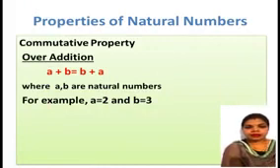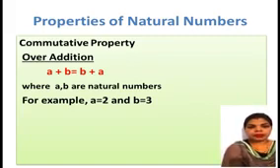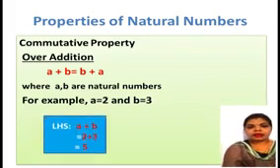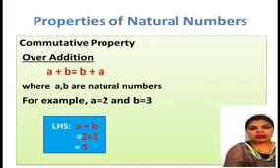So commutative property over addition is a plus b is equal to b plus a, where a and b are natural numbers. For example, if a is equal to 2 and b is equal to 3, then LHS a plus b is equal to 2 plus 3, which is equal to 5.